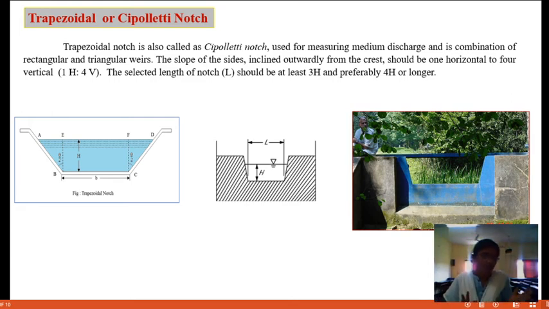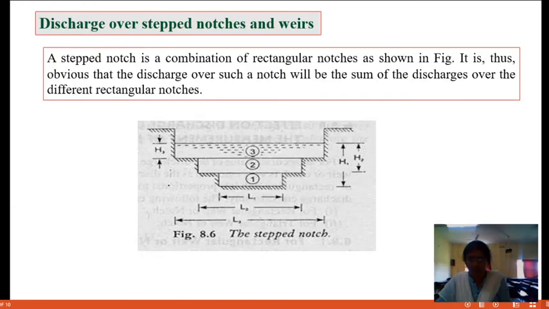Till now we have completed three types of notches. Now going to the fourth type, the stepped notch, which is nothing but a combination of a number of rectangular notches. As many steps as there are, that many rectangular notches there will be.